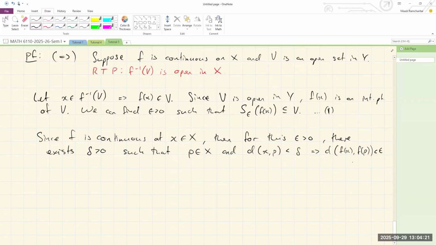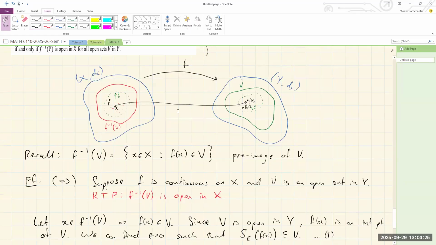Now I just need to rewrite all of this in terms of open balls, or again, open spheres. If we look at the diagram that I drew here, it will tell us exactly how to write it. We're going to write it down without needing a diagram, but from the diagram we'll see where we're heading.